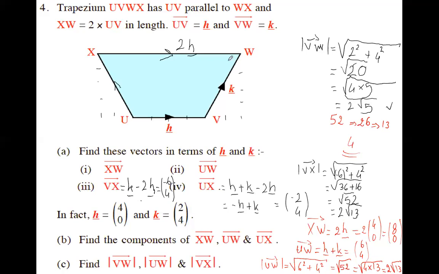And that looks correct, because if you go from V to X here, you get the same value in magnitude between U and W. Because you've got a trapezium, remember? So that makes sense. Everything looks okay here.